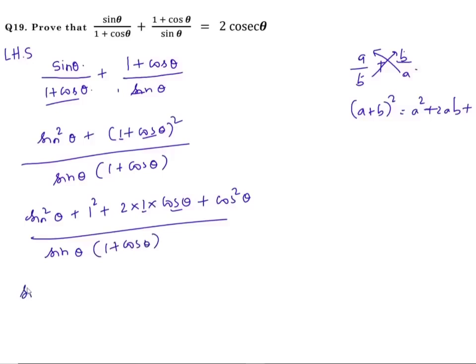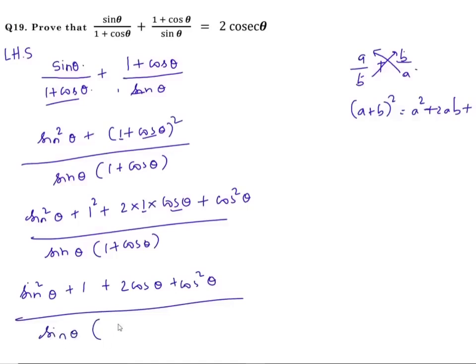Now write as it is, sin square theta plus 1 square is 1 plus 2 into 1 is 2 cos theta plus cos square theta divided by sin theta into 1 plus cos theta.